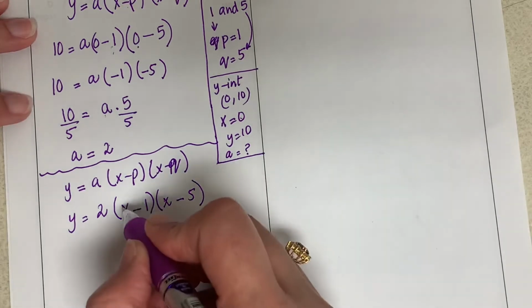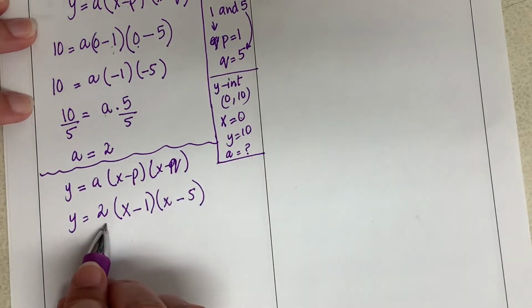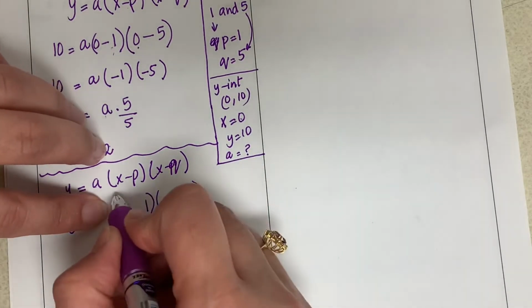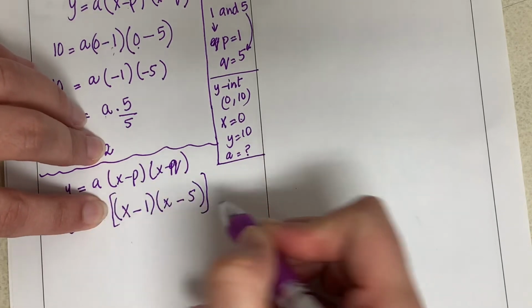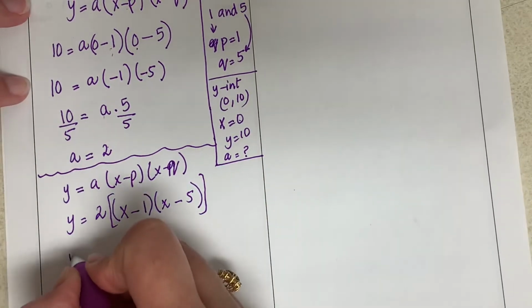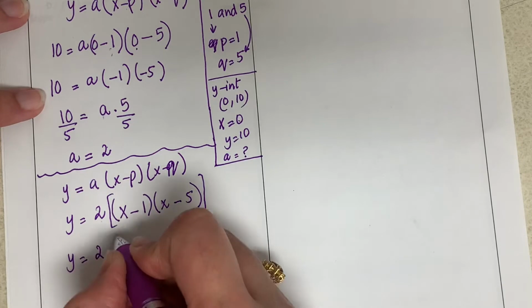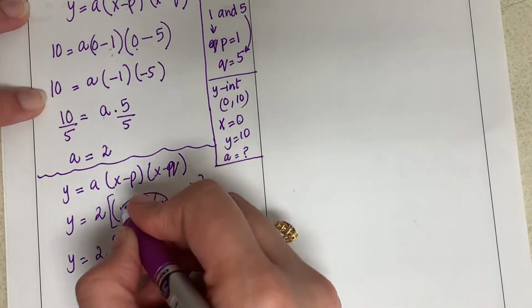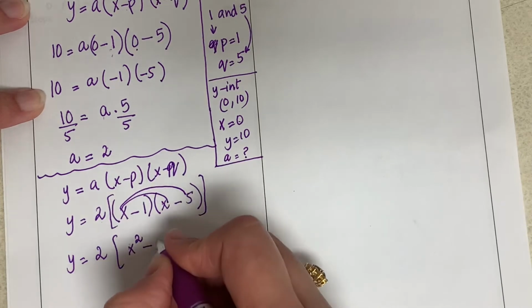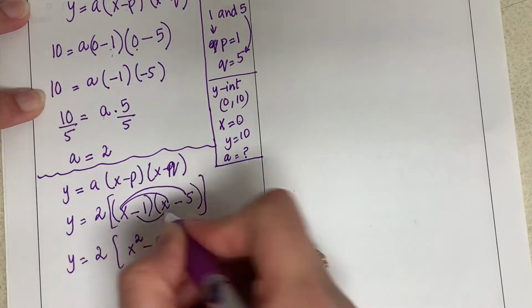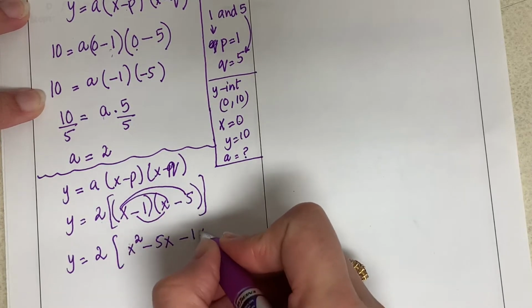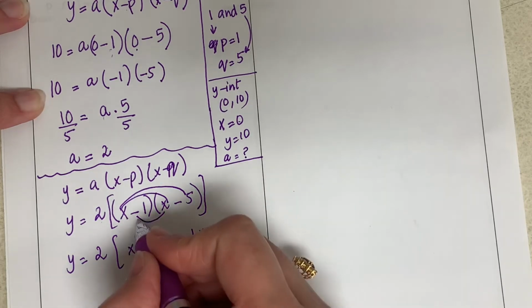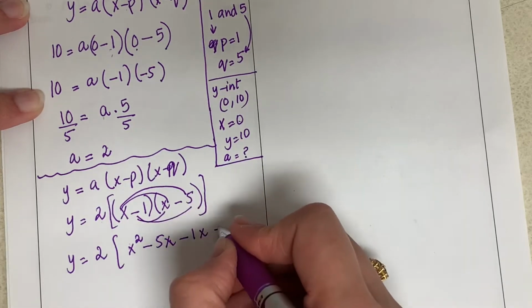Next, you gotta multiply. You could multiply by 2, but I don't suggest that. I actually recommend to multiply this part first. So x times x is x squared. X times -5 is -5x. -1x. -1 times -5 is +5.